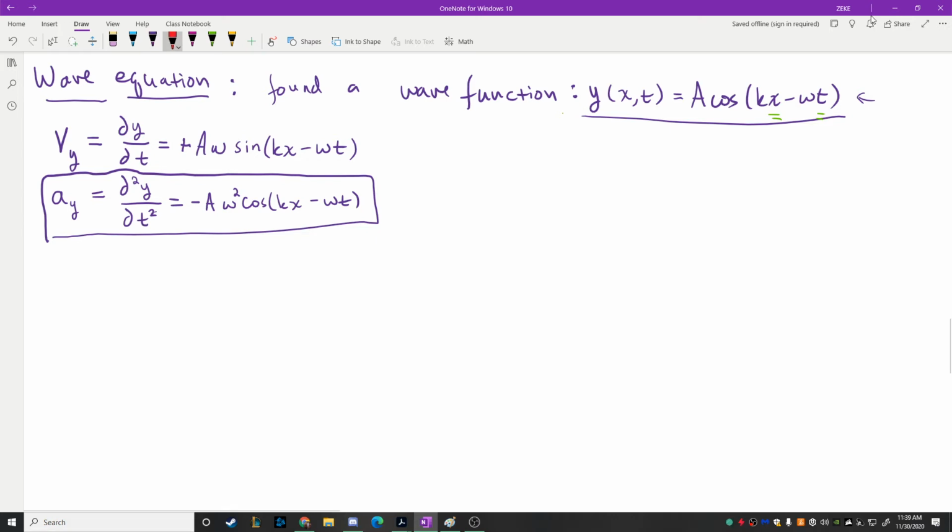And then side by side with this, we're going to do some other thing. So we just did the partial derivative of y with respect to t. What if we then check out the partial derivative of y with respect to x? What does this represent?